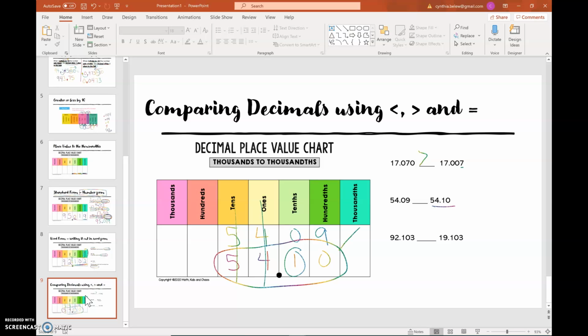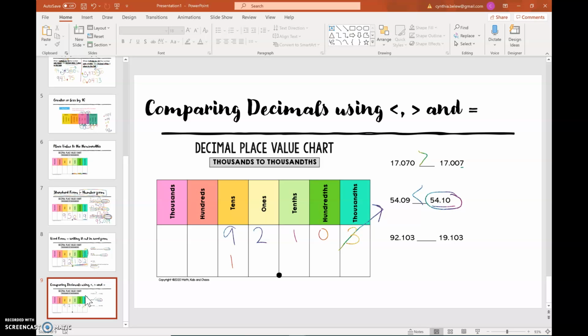So I go back here, I circle the bigger number, my mouth eats it. 54 and 9 hundredths is smaller or less than 54 and 10 hundredths. Same thing with the next one, 92 and 103 thousandths and 19 and 103 thousandths. I start here. 9 is bigger than 1, so I'm going to circle the bigger number, make the mouth eat it. Please review this with your child. Thank you.